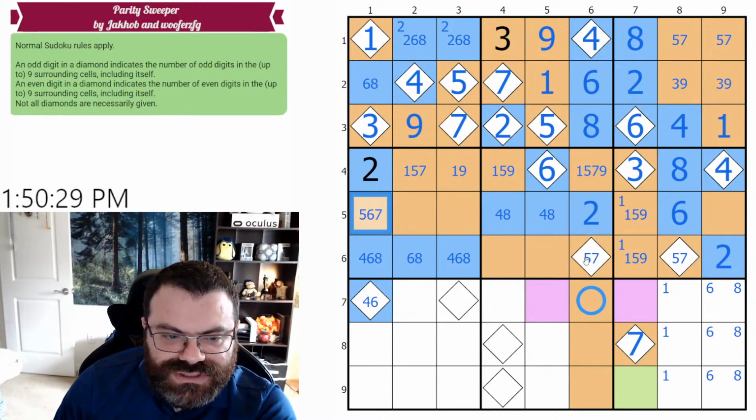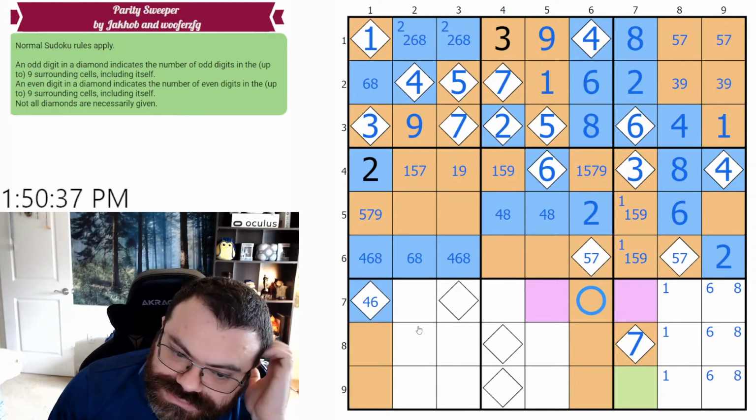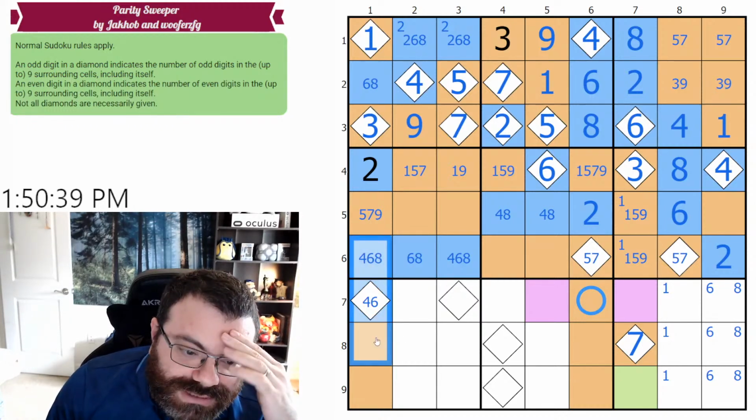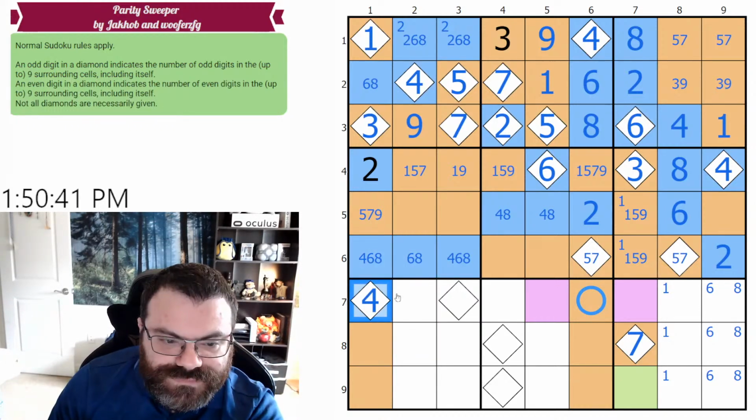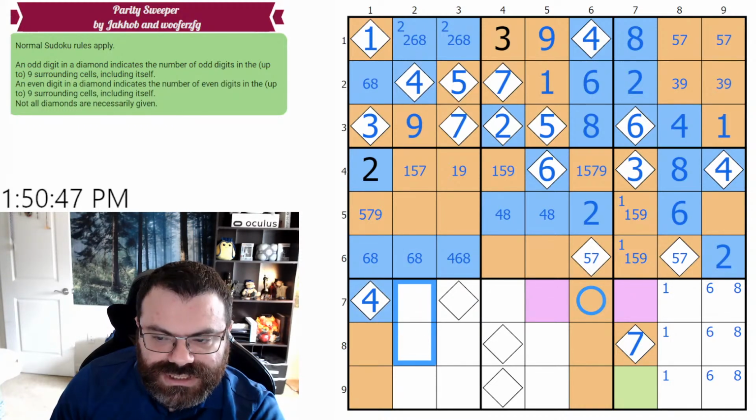This is from 5, 7, 9. Whoops, 579. I can type. Column 1, yeah, column 1 coloring is done. And so now this can't be a 6, this has to be a 4. So it sees one more. This is a pair.